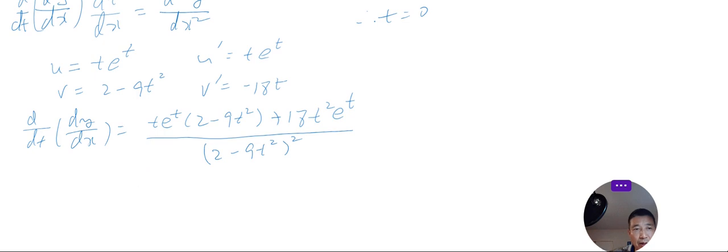We have to multiply, so to achieve d squared y over dx squared, we have to go that one.